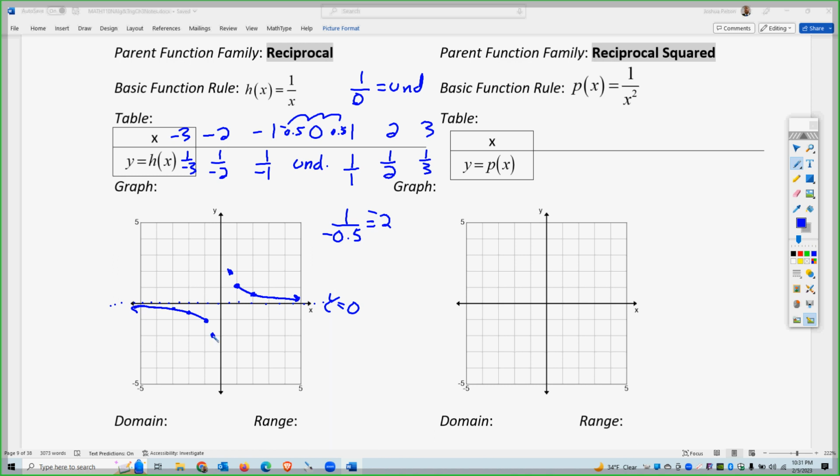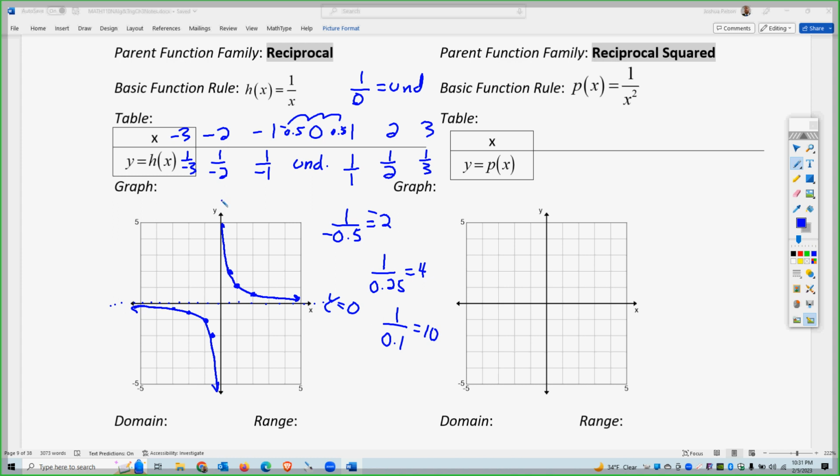Okay. And what you notice is if I keep doing values that are closer and closer, right, divide by 0.25, that'd be 4, correct? 1 over 0.25, it'd be 4. So the closer that I get to 0, the bigger the number gets, right? So do 1 over 0.1, you get 10. So no matter how close I get to 0, it gets bigger and bigger and bigger, correct? So it's getting bigger infinitely.